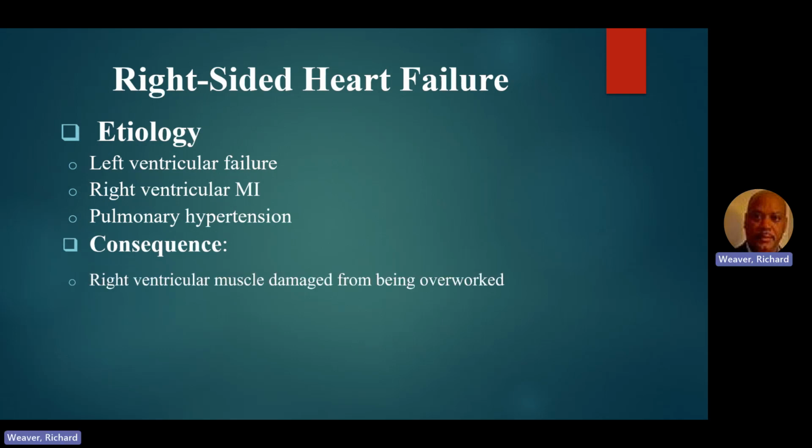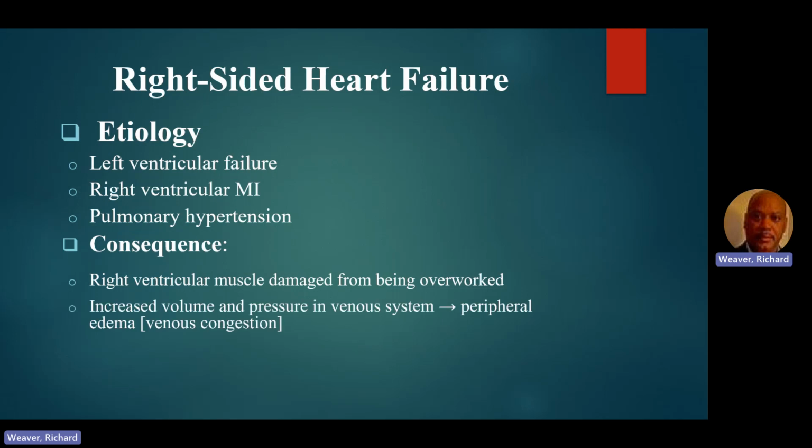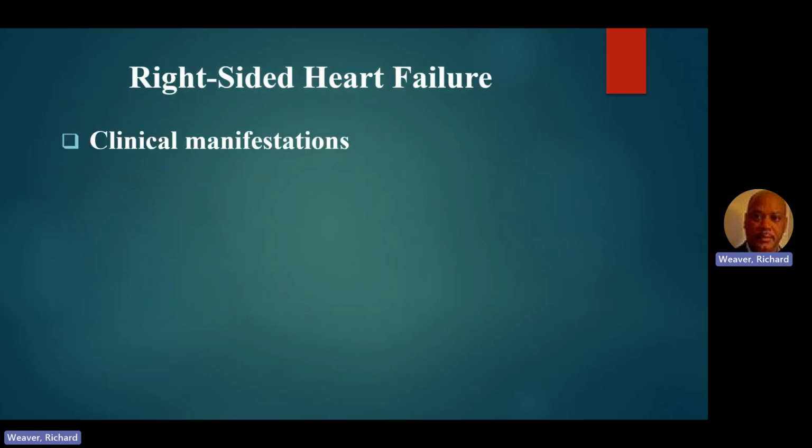The consequence is that the right ventricular muscle is damaged from being overworked, and also increased volume and pressure in the venous system will occur, resulting in peripheral edema or venous congestion on the right side, and it affects several organs, which we'll see next.